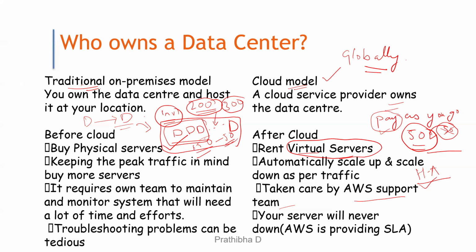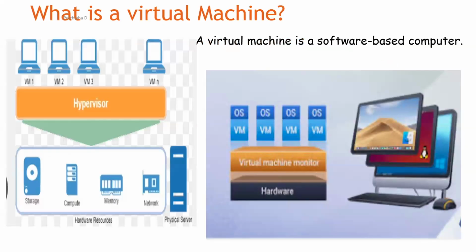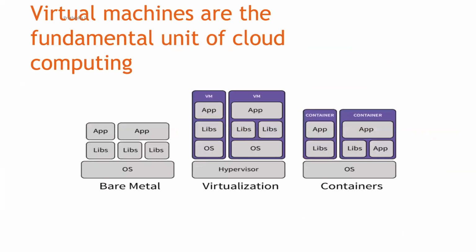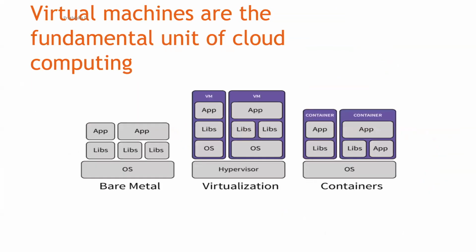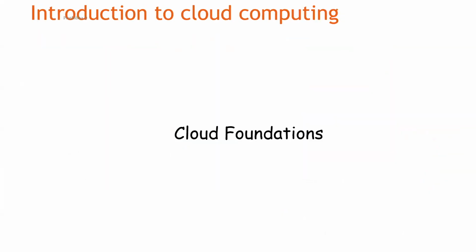And one more, we saw the virtual machine, how exactly my virtual machine works. So this particular data center is owned by the cloud service providers. Okay, so this concept is being used in your cloud service providers.